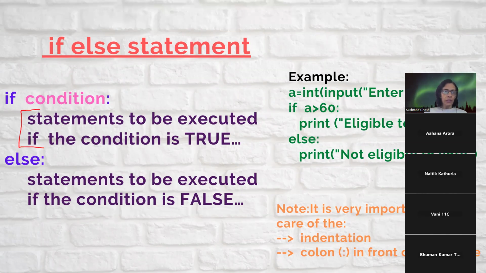Whatever statements, 1, 2, 3, 4, whatever number you want to write, indented. Then when I want to go back to my condition, I take my else back below if, and that I have to manually do. It doesn't happen automatically. Okay. So I need to do that manually.